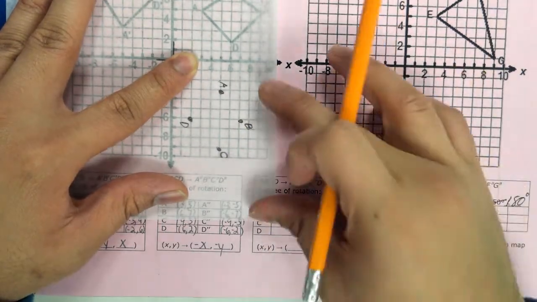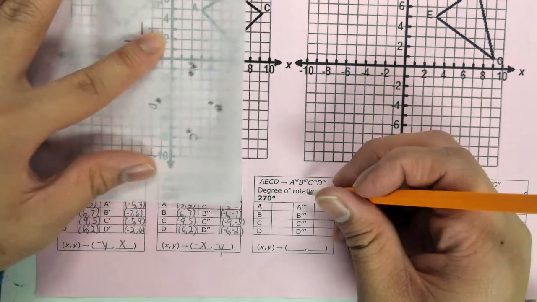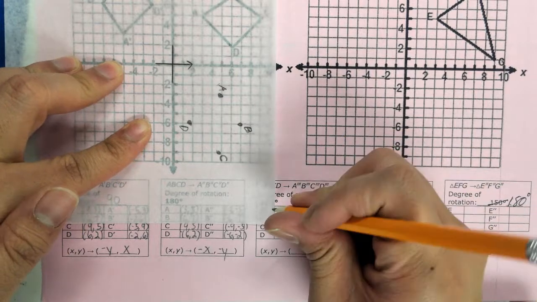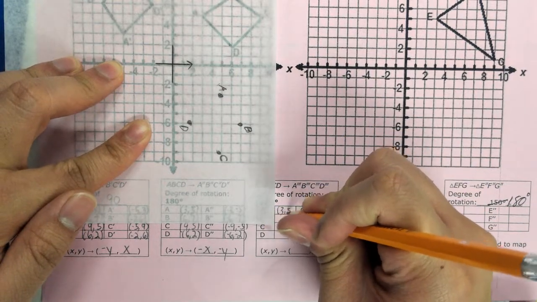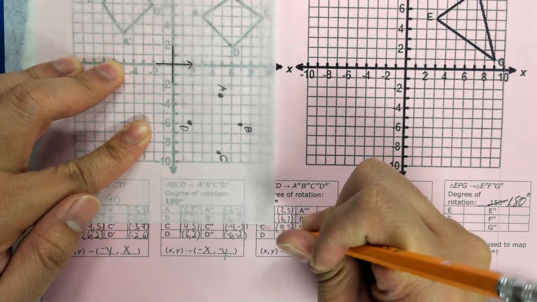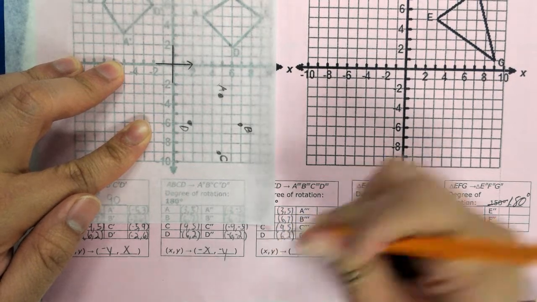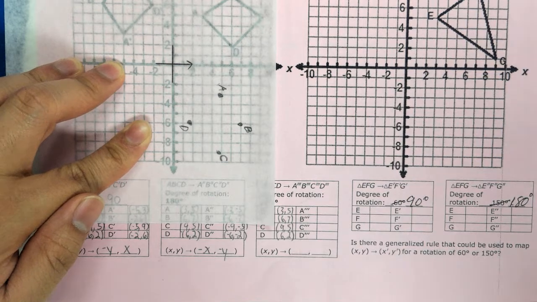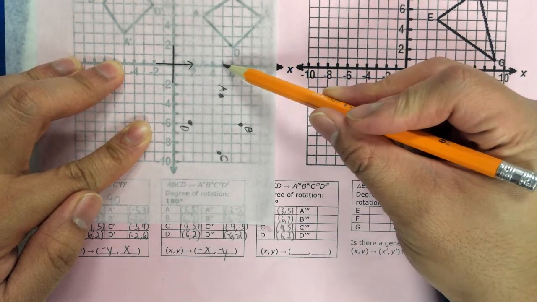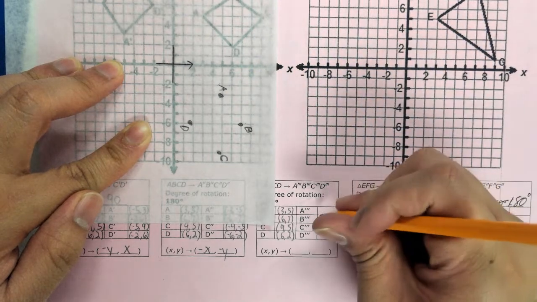And my new sets of points are... going back to the old, I have 3, 5, 6, 7, 9, 5, 6, 2. My new sets of points: A is now at 5, negative 3.